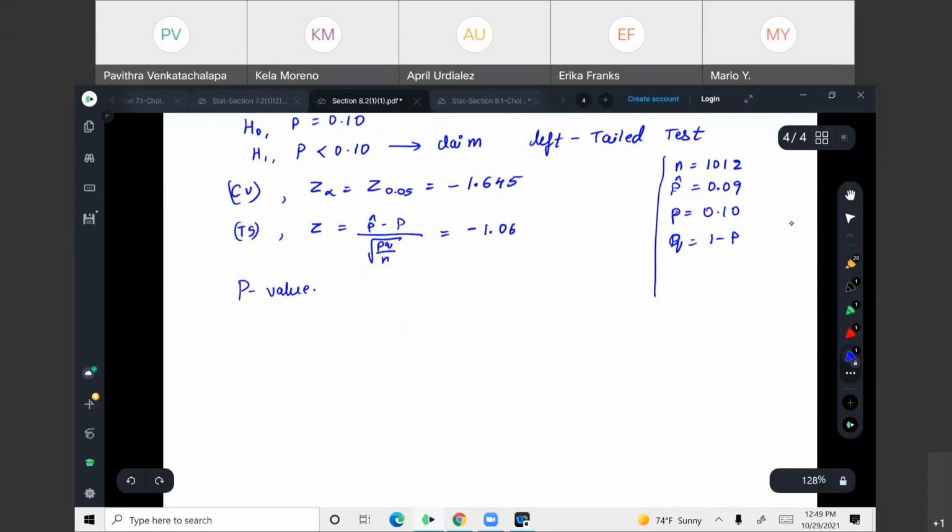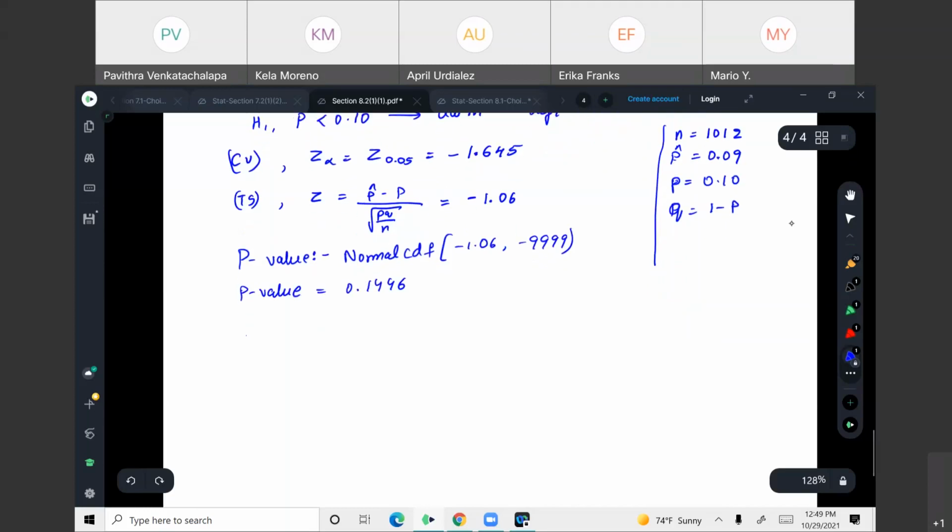You will use normal CDF, use minus 1.60 and 9999, and your p-value for this will be 0.1446.